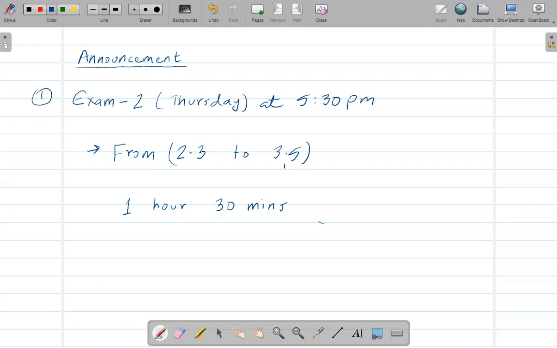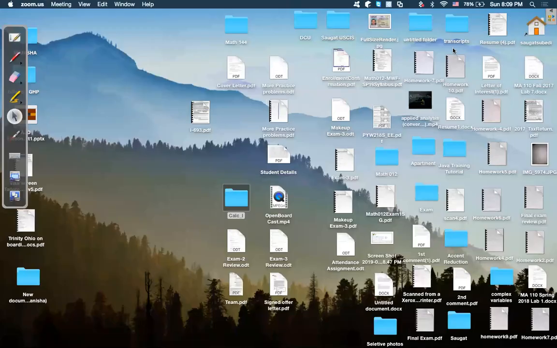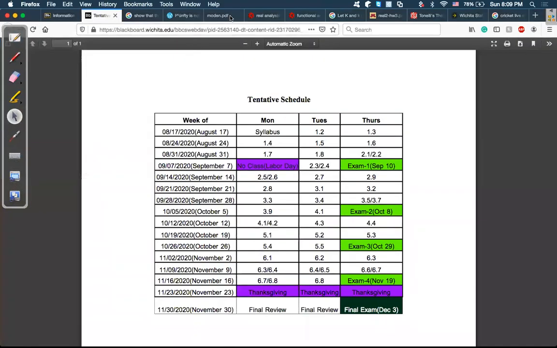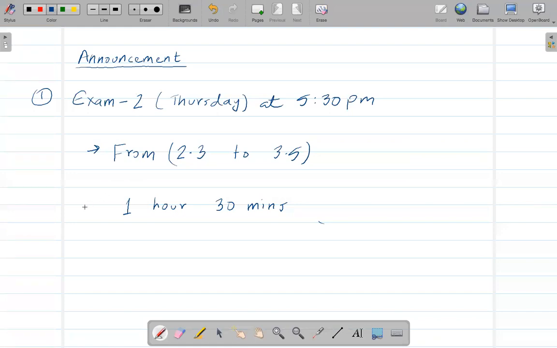I covered 3.5 last Thursday, so starting from section 2.3, basically whatever I covered from here till here.